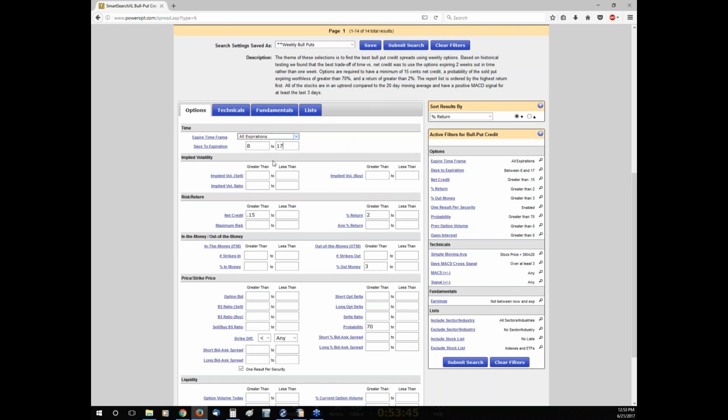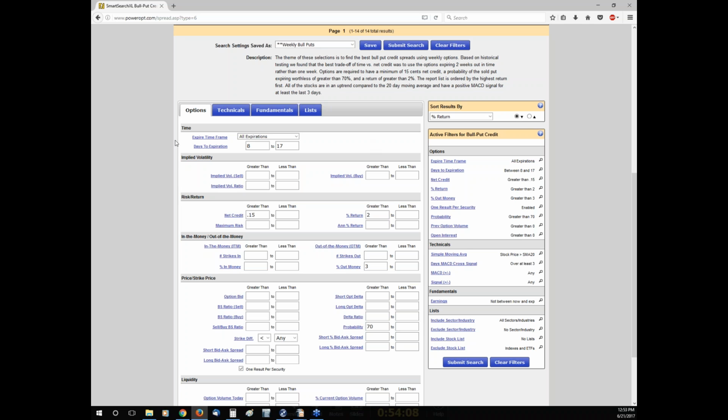Anytime you pull up a default search to use as a stepping stone, you'll see a description here that we put together. This was criteria that was actually tested over a period of time to see which criteria and structure would give us a reasonable and expected and target return for this strategy.